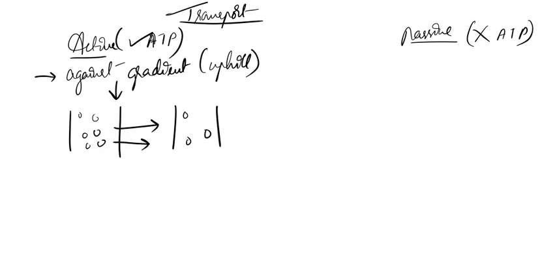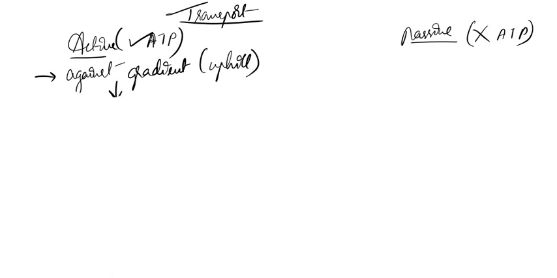That means it is going against the gradient. That's why it is called uphill. Sorry, I said it in reverse. It happens from low concentration to high concentration.